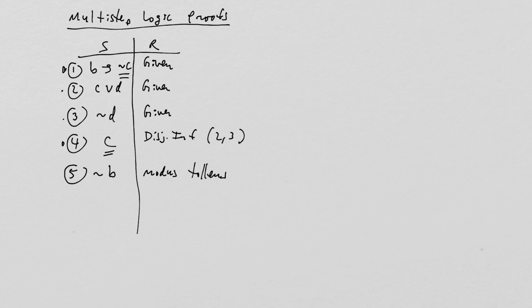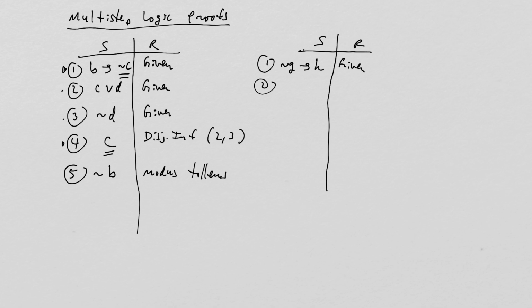Here is another multi-step logic proof, and it's common that you're given a few things. Here we're given not G implies H. And, by the way, I forgot to say earlier, it's lines 1 and 4 that were the modus tollens.